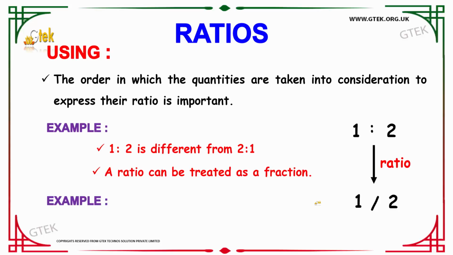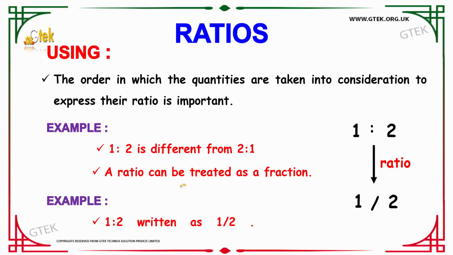Followed by, if we look at ratios, the order in which the quantities are taken to express the ratio is one of the most important points which needs to be kept in mind. We have examples over here. The first one is that 1:2 is different from 2:1.